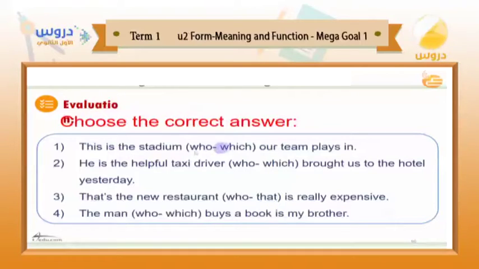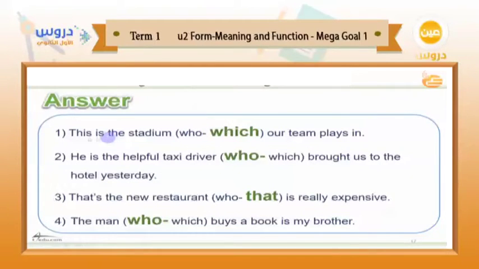All right. Your job is easy now. Just choose one of the words for each sentence. Keep in mind, we are using who with people and we are using which with things. And also the word that comes with both people and things. All right?